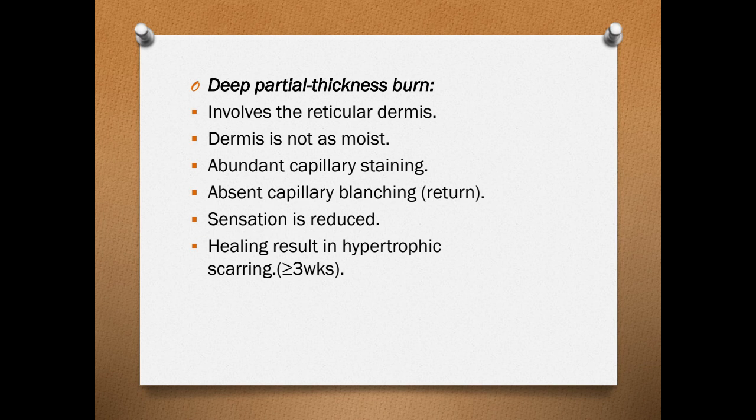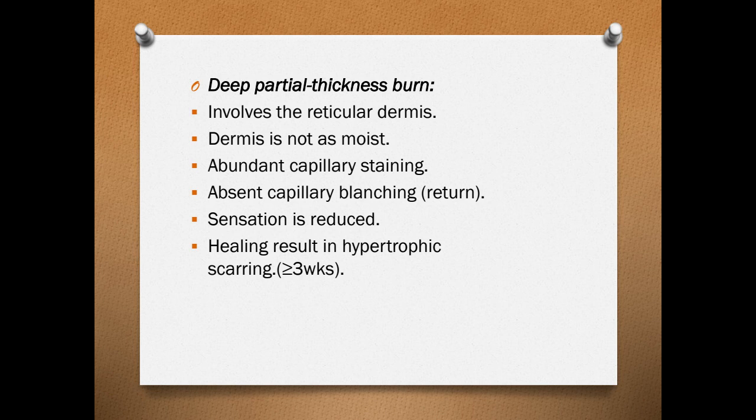The second class of thermal burn is the deep partial thickness burn, which involves the reticular dermis. That means that we have gone a little bit deeper. The damage is a little bit deeper. It has already gone through the papillary dermis and affected the reticular dermis. So when you see the burn area in this patient, you do not see it as moist as in the case of superficial partial thickness burn.